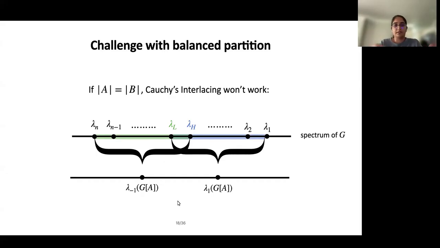So all the work that we are going to do moving forward is to deal with this particular case where you have a subcubic graph G with an even number of vertices, and the maximum cut always gives you a balanced partition.